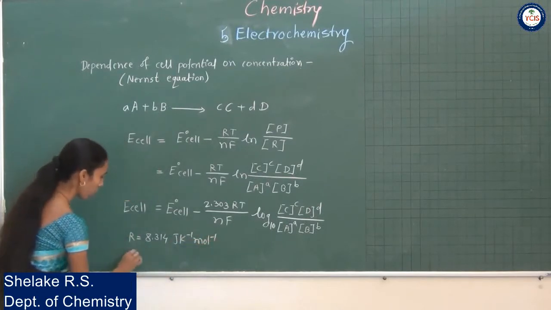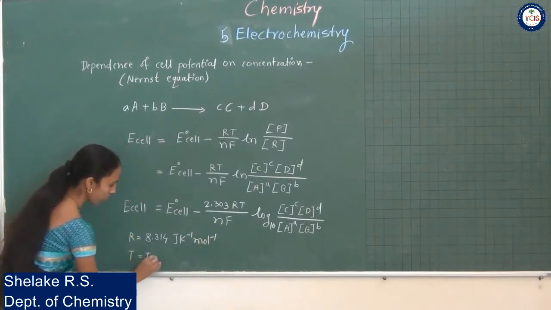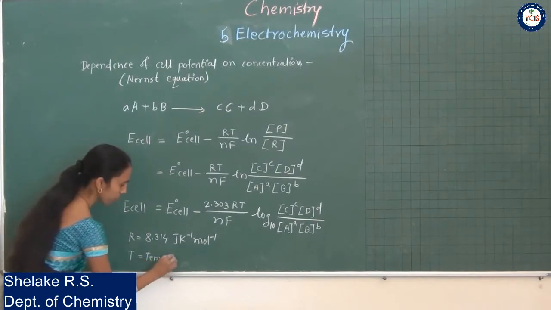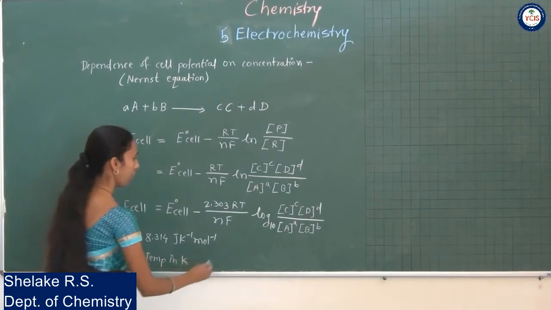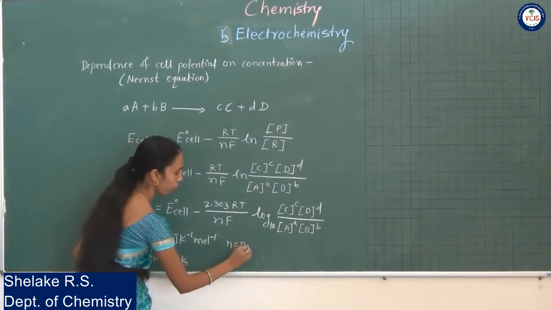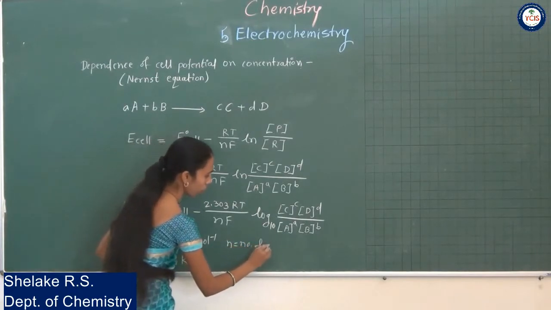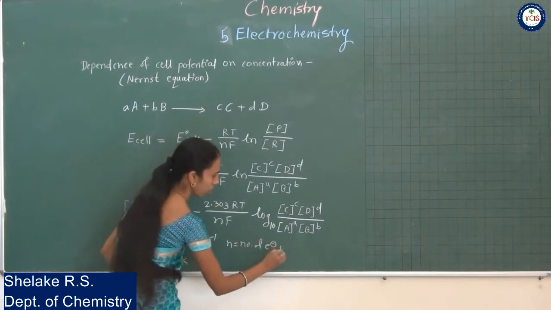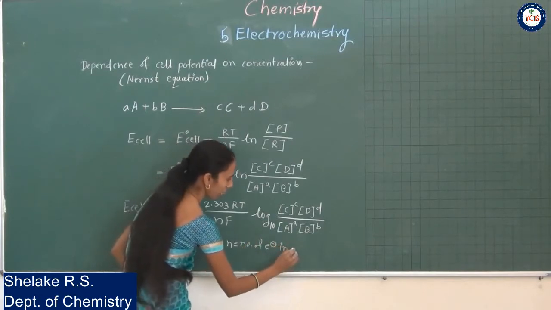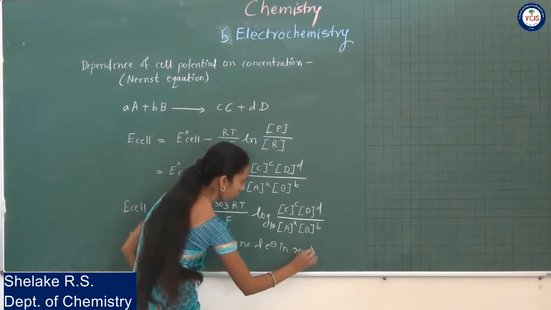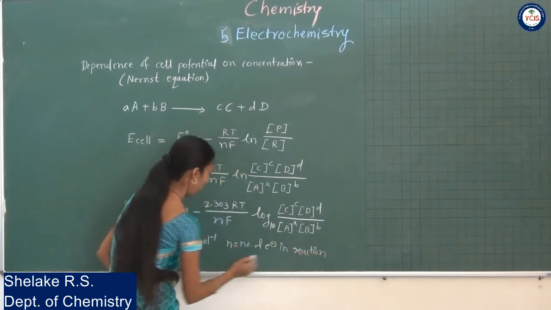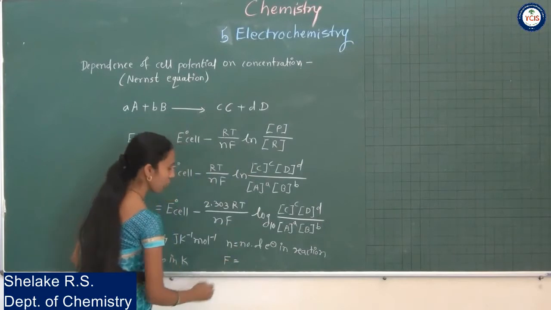T is the temperature taken in kelvin. N is the number of electrons participating in the reaction. And F is the Faraday.